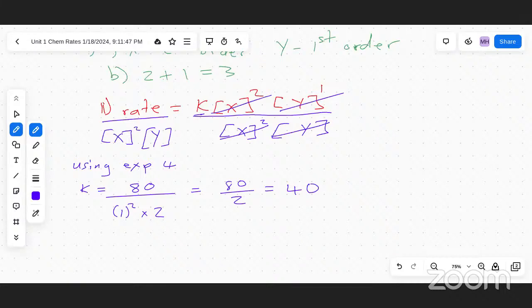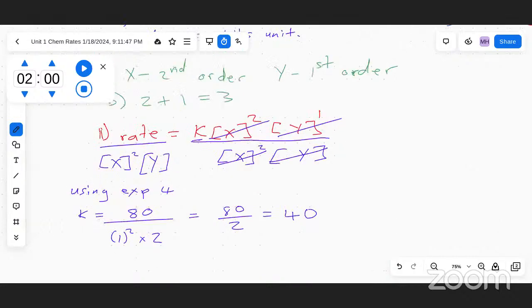All right, good. I will give you, let's put a time on the board, 2 minutes to work out the units. Sir, are the concentrations of X and Y in moles per dm cubed? Yes. And the rate is in moles per dm cubed per second.